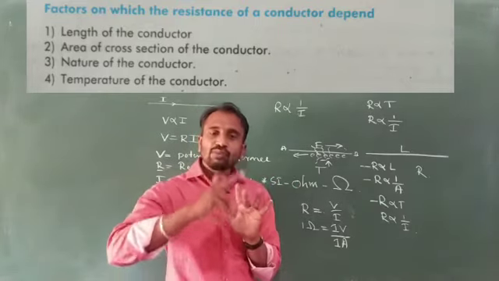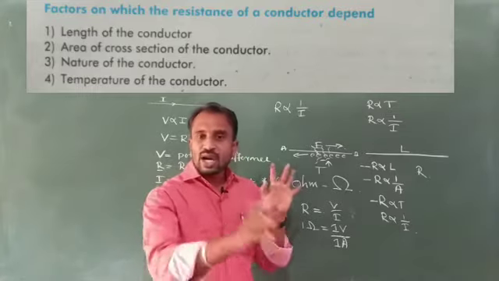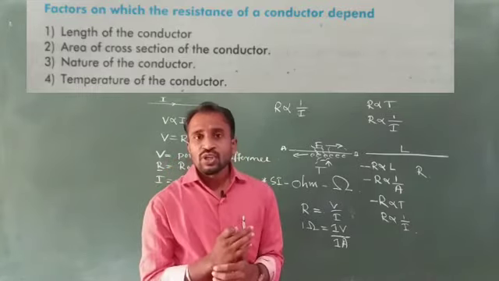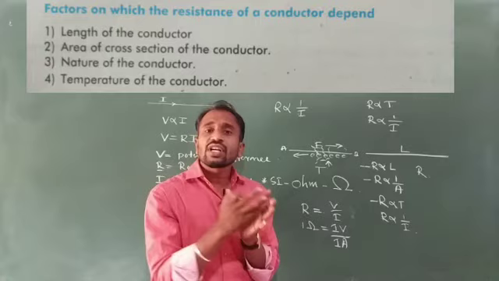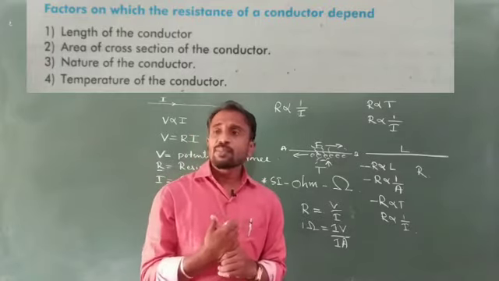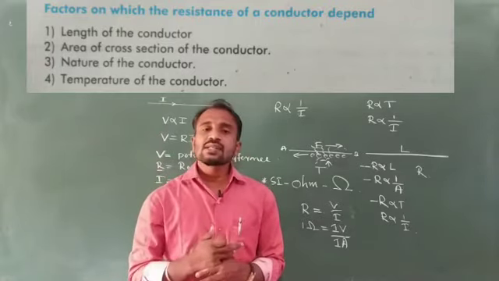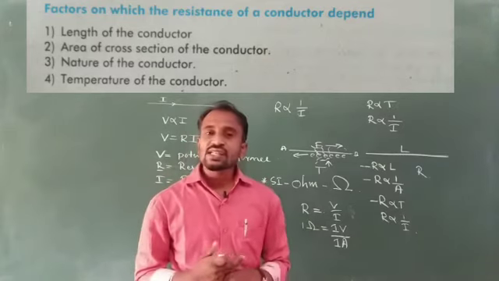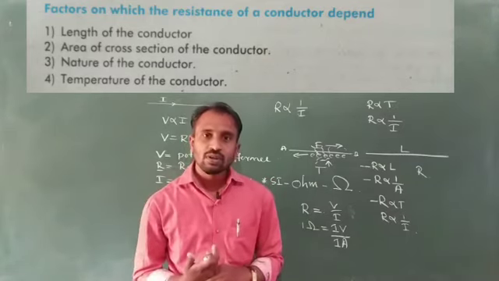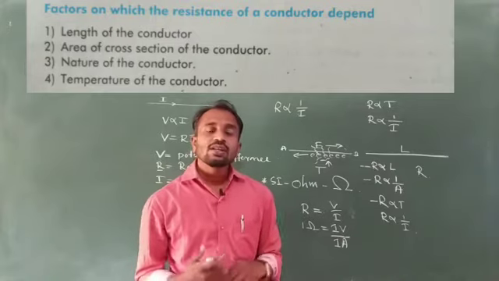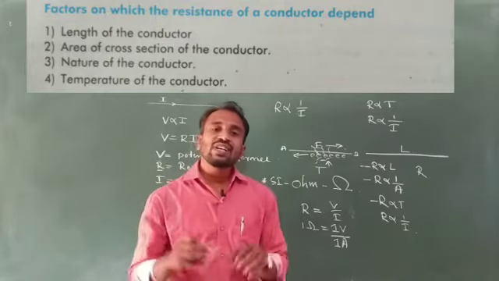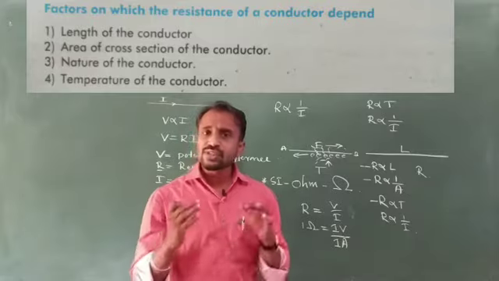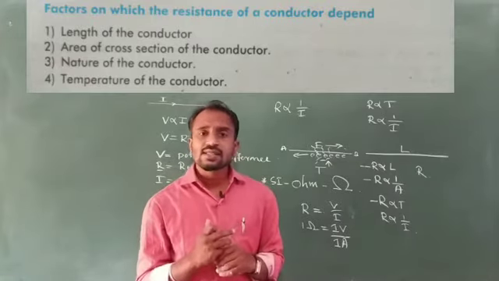Copper, iron, aluminium, gold, and brass, if you consider any metal, each metal has a different resistance value. For example, in a normal circuit we consider a copper wire, and in a service wire we consider aluminium. Why? Because copper and aluminium have a low resistance value.